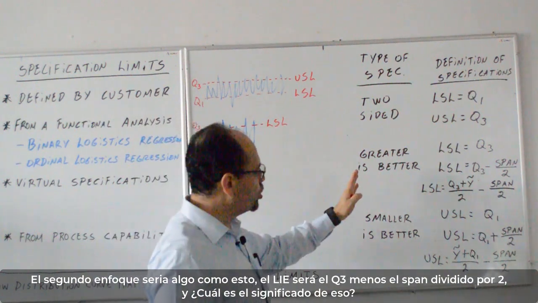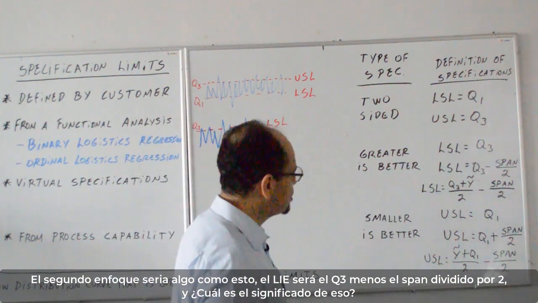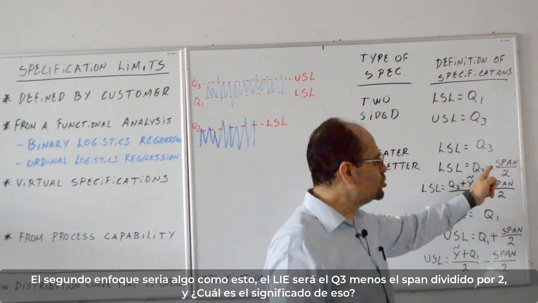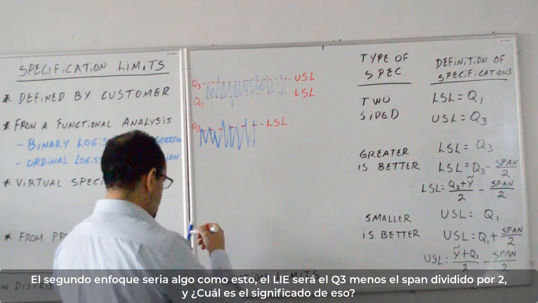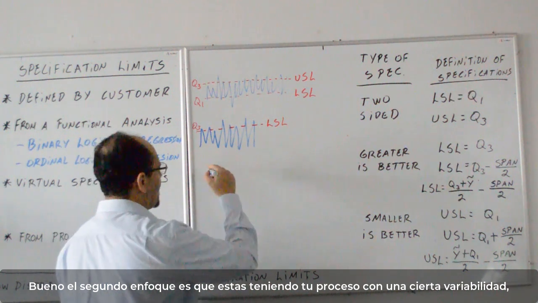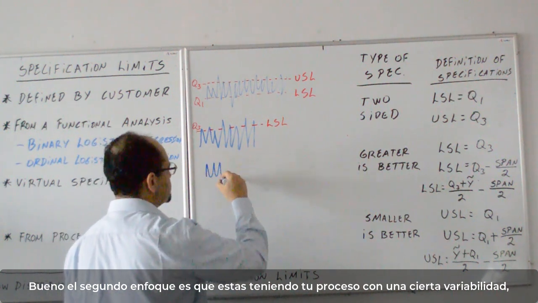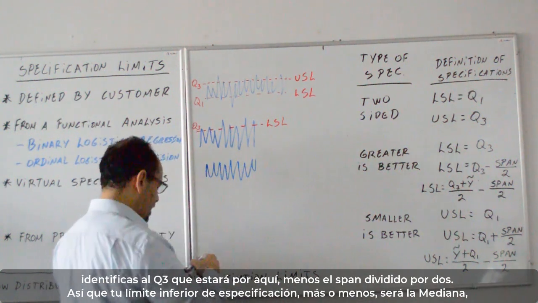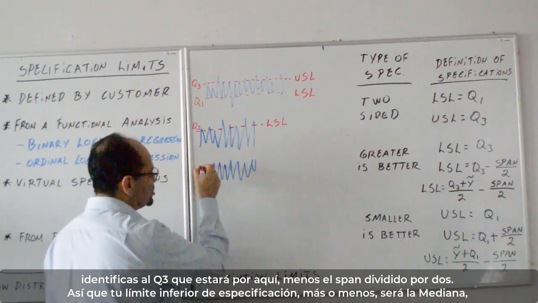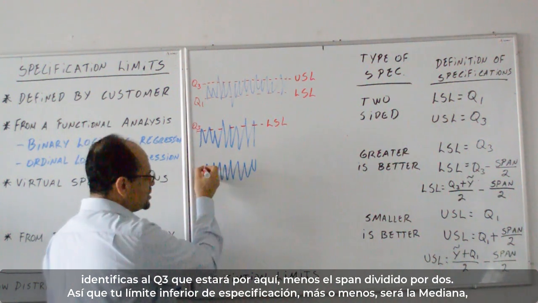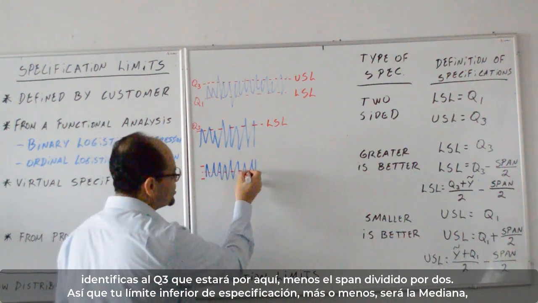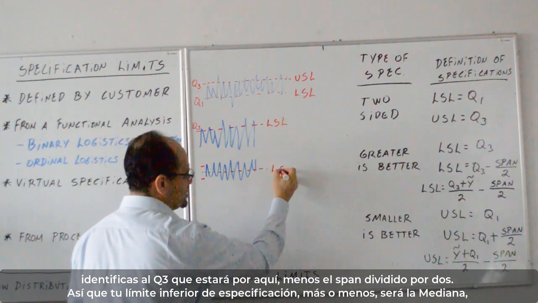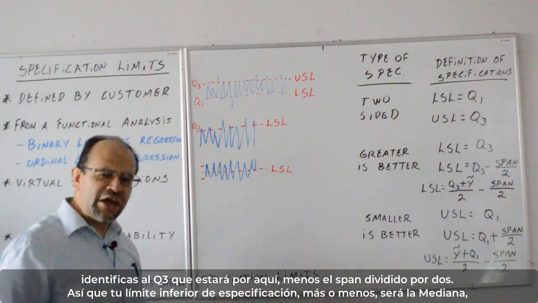A second approach will be something like this one, which is quartile 3 minus the span divided by 2. And what is the meaning of that? Well, the second approach is that you are having your process here, something like this one. You are having your quartile 3, which is here, minus the span divided by 2. So basically, this is going to be your lower specification limit. More or less will be the median.